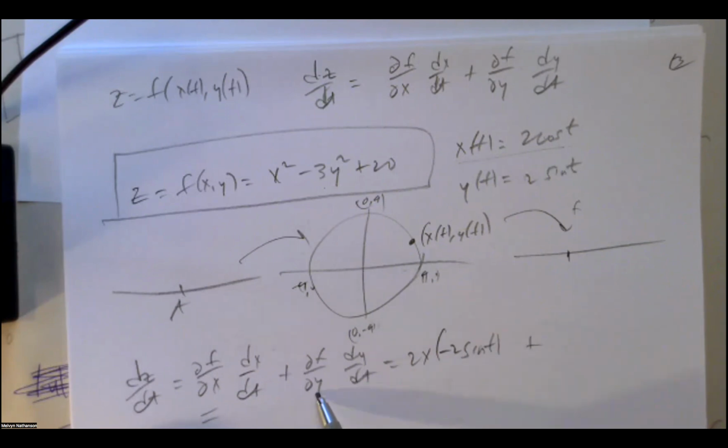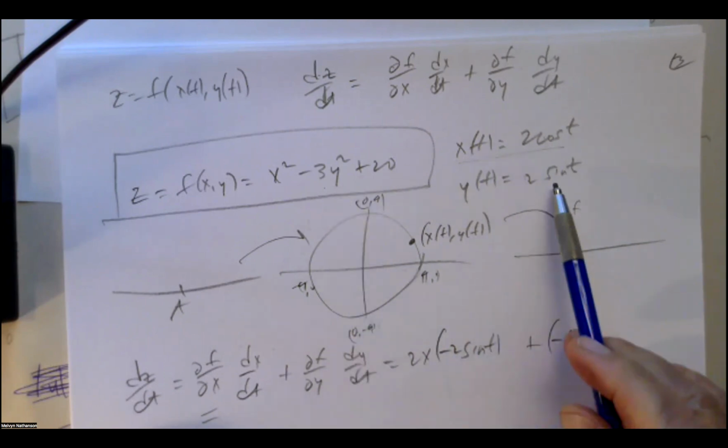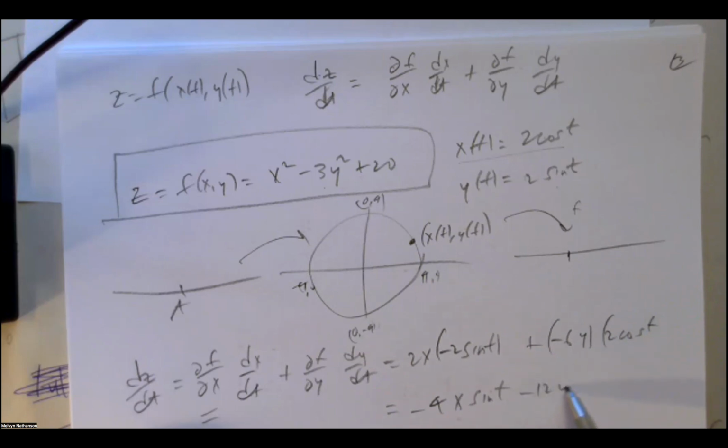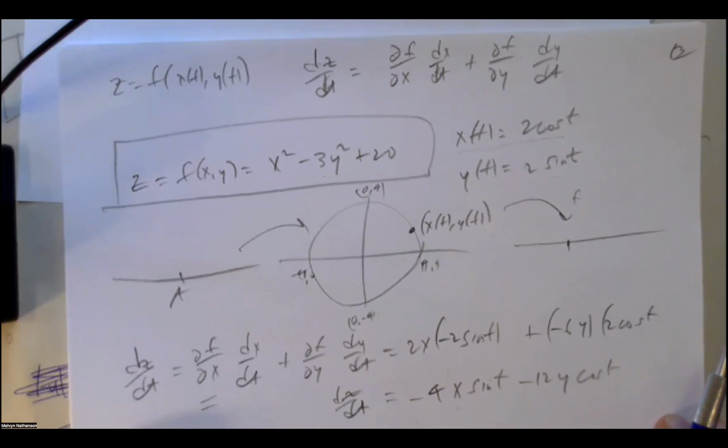What is the partial of f with respect to y? Minus 6y. What is dy/dt? 2 cosine t. So we get minus 4x sine t minus 12y cosine t. So that is dz/dt.